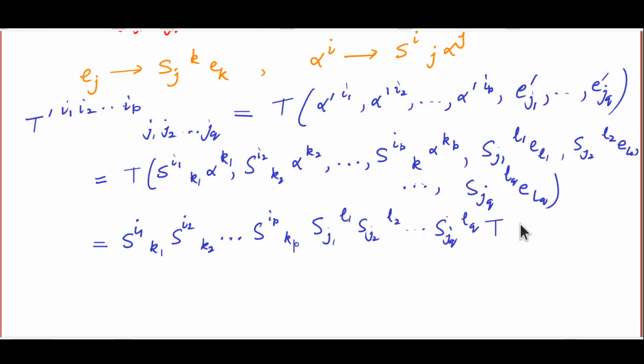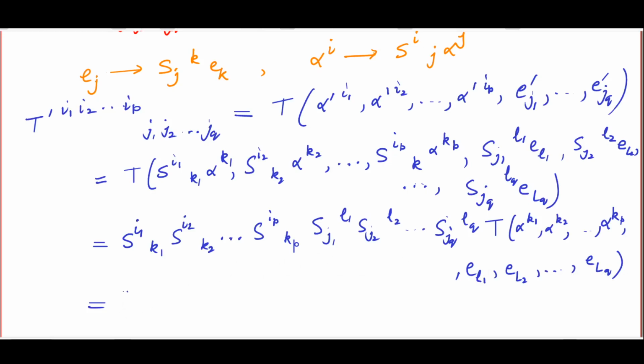This whole thing multiplying T, alpha K1, alpha K2, alpha KP, then E L1, E L2, E LQ. Of course, this quantity here is nothing but the old coefficient T, K1, K2, KP, upper and L1, L2, LQ in the lower indices.